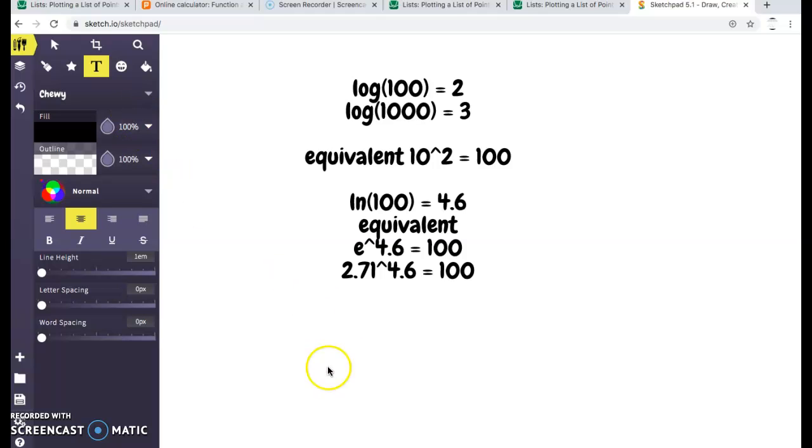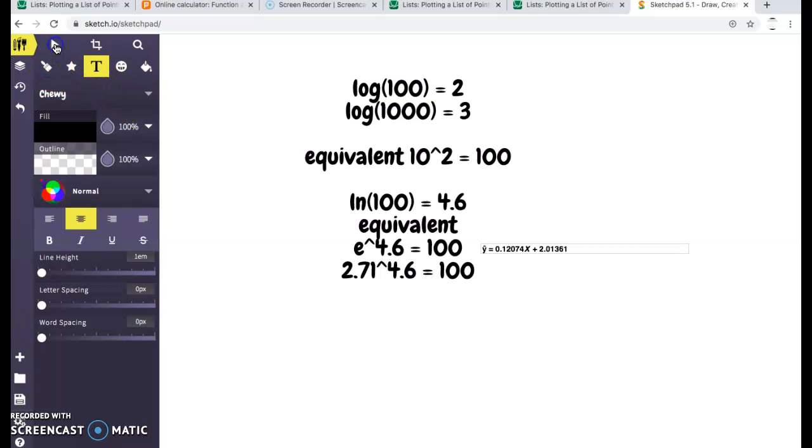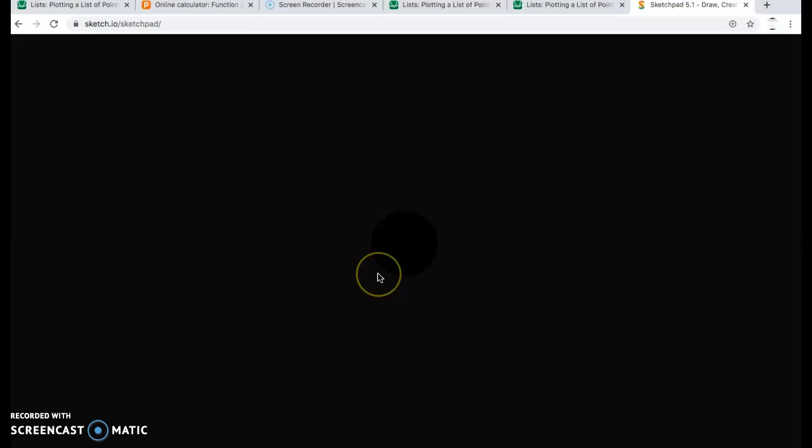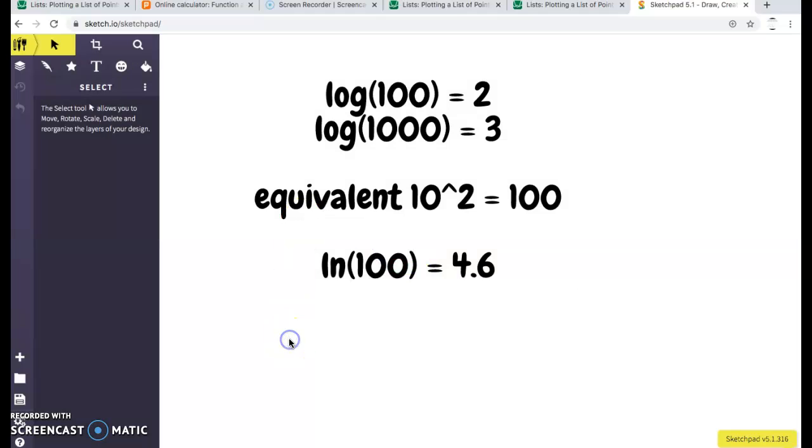Now, if you have this equation, one of the things you might be asked to do is to predict, just like we always did, a y value for an x value.